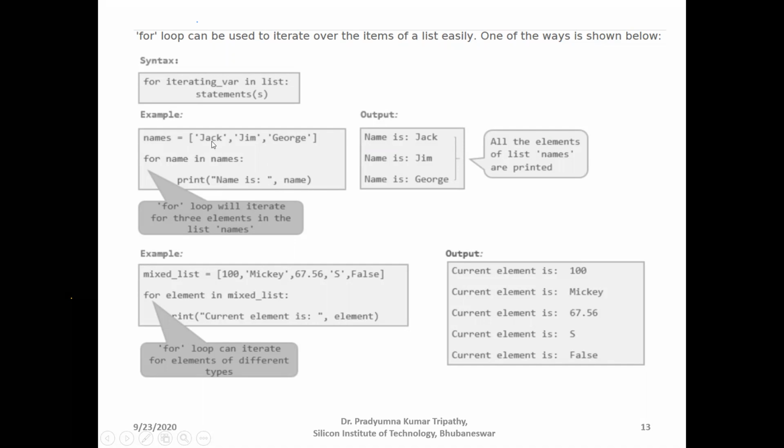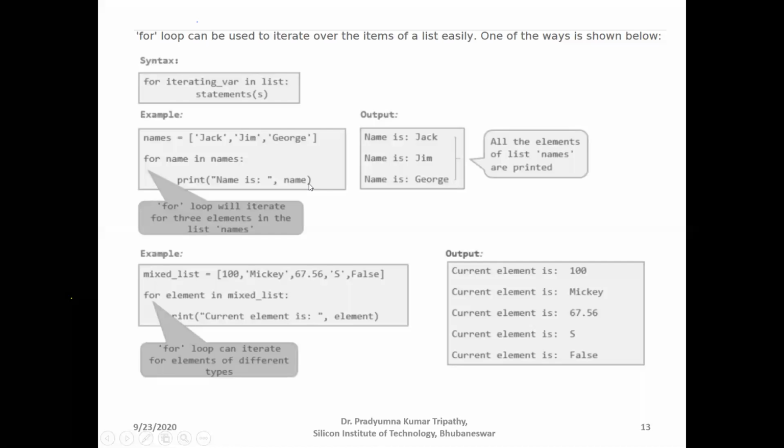So it will go on printing. Name is the iteration variable. So name will become Jack, name will become Jim, and name will become George. So each one will get printed. The for loop will iterate over these 3 elements in the list. So this is the output that we will get: Jack, Jim, and George. And this is printed on separate lines.